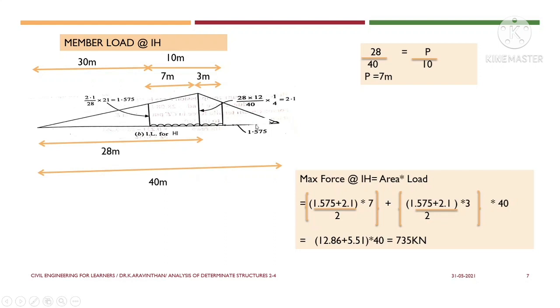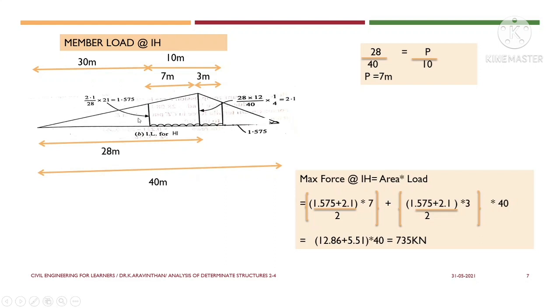In the same way you can find this for the end of the UDL. You know that the remaining distance is 12 meter. So for 2.1 vertical, the horizontal is 12 meter, and at a distance of 12 minus 3, that is 9 meter, what is the ordinate here? You will be getting 1.575 as this ordinate.